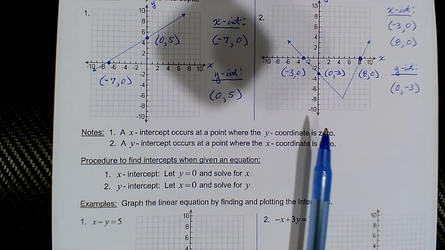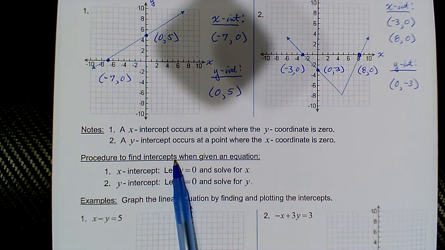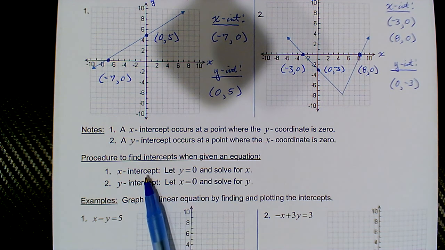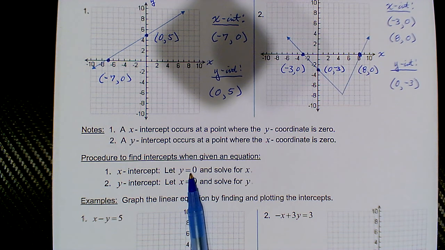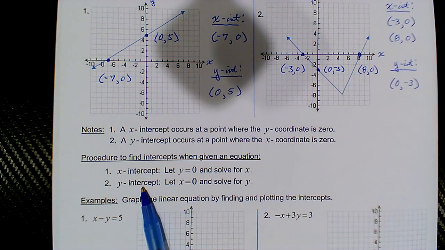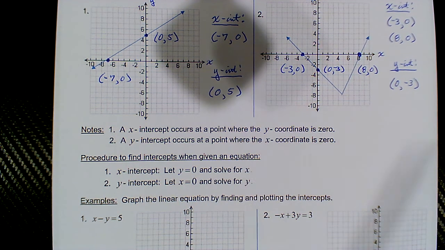So here's a little procedure. If we're given an equation and we want to find the intercepts, then if we're looking for the x-intercept, we would simply let y equal 0 and then solve for x. And if we're looking for the y-intercept, we let x equal 0 and solve for y.